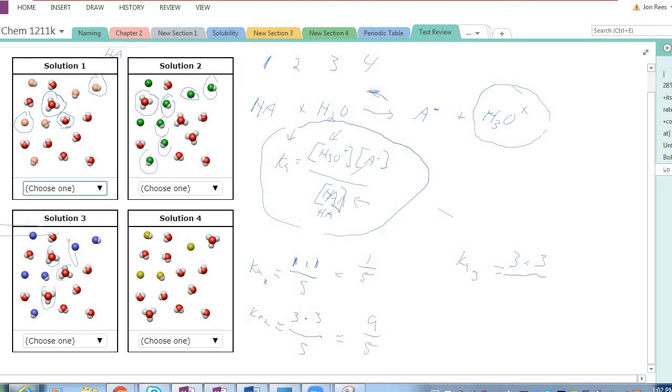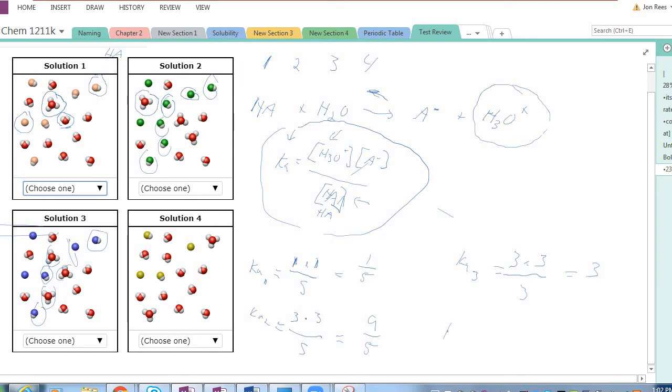Divided by the HAs, I have exactly 3 that I see over here. So that's going to be 3 times 3 divided by 3, and so my Ka is going to equal 3. Just making sure I did that right.